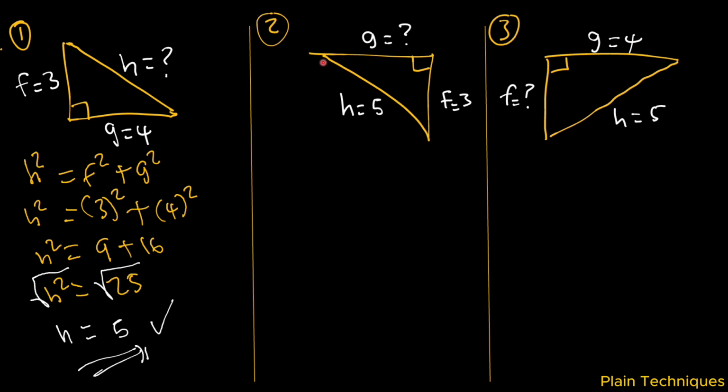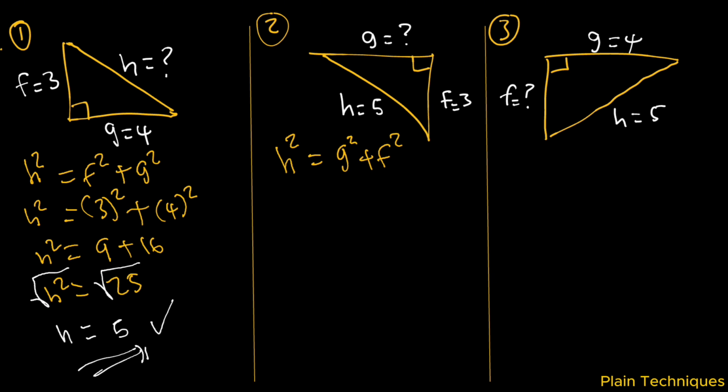Hypotenuse is the longest side and the side that is opposite 90 degrees. So in this case, hypotenuse will be h. So Pythagoras theorem is hypotenuse squared plus the rest of the sides, so g squared plus f squared.